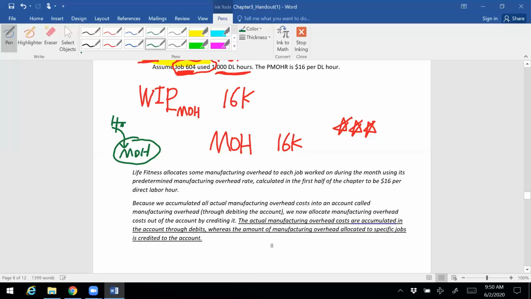You put the water there when it incurs. It increases by debit. But now, when you allocate, you get the water out by crediting. This is just a temporary pool.